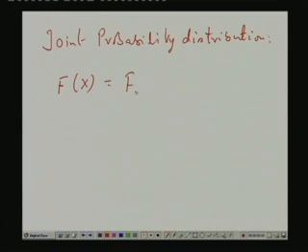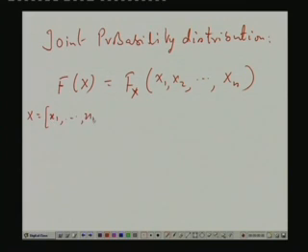Actually I should write like f x of X, where X takes values X1, X2, dot dot dot Xn. And this capital X actually is the vector consisting of the values capital X1, dot dot dot, capital Xn. Here capital X1 is a particular value for the variable small x1, capital X2 is a particular value for the variable small x2 and likewise.